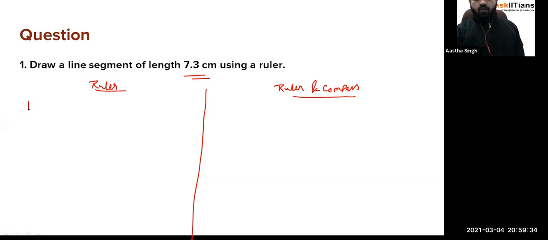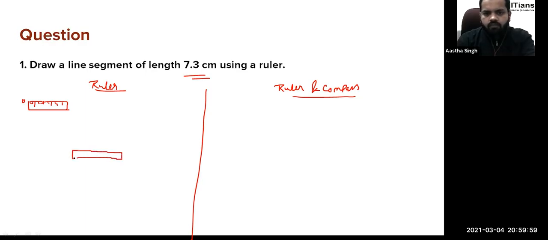Guys, this is how your ruler looks, right? Basically a scale, with numbers 1, 2, 3, 4, 5, 6, starting from 0. So for your 7.3 centimeters, just take a ruler, point it at O, and measure a length of 7.3 centimeters.